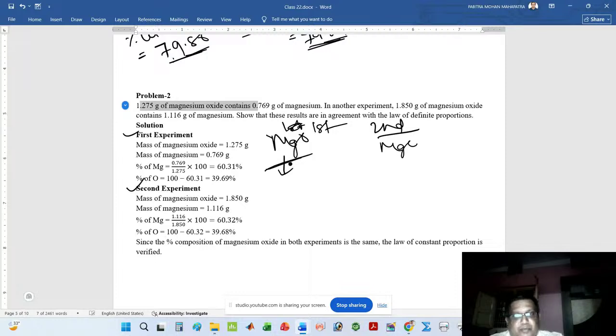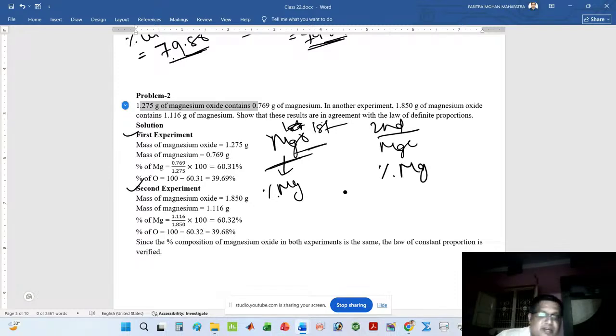If the percentage of magnesium in the first experiment is the same as the percentage of magnesium in magnesium oxide used in the second experiment, and simultaneously if the percentage of oxygen in the first experiment is equal to the percentage of oxygen in the second experiment, then you can say that magnesium oxide has a definite composition, and here the law is verified.